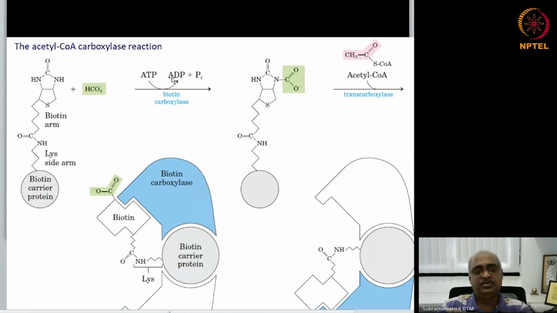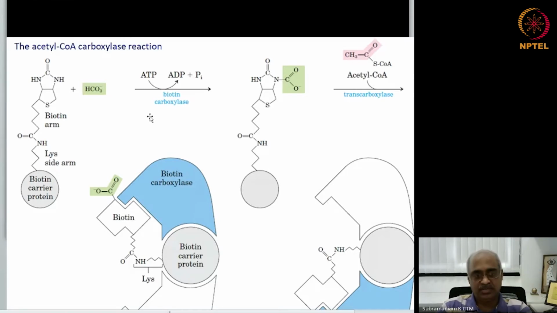That is going to involve ATP hydrolysis to ADP. From there, the activated carboxyphosphate, in anhydride linkage with the phosphate from ATP, is transferred. This is telling you the summary reaction. It's not telling you the intermediate, which I am telling, and that will be shown in the next slide.